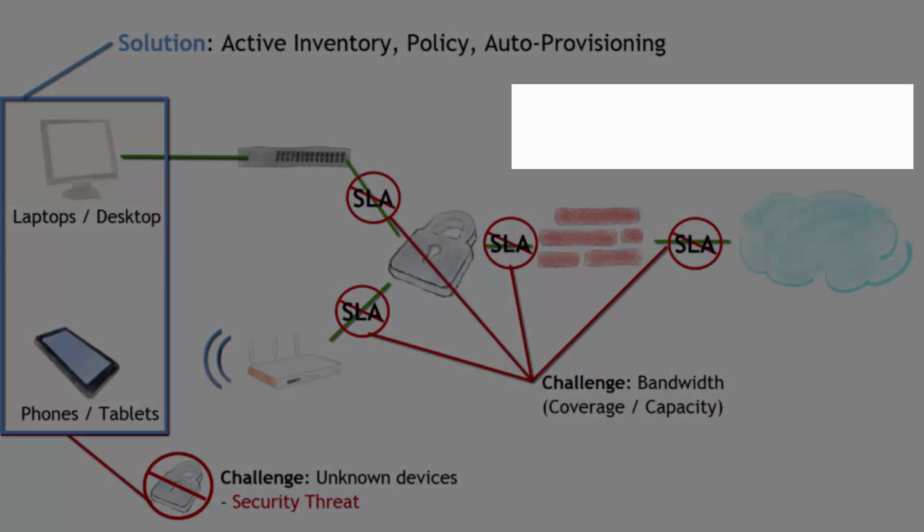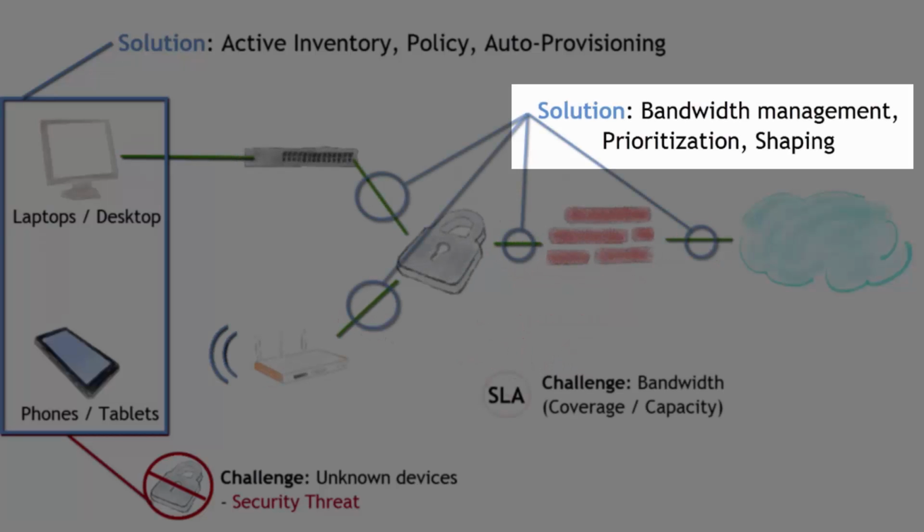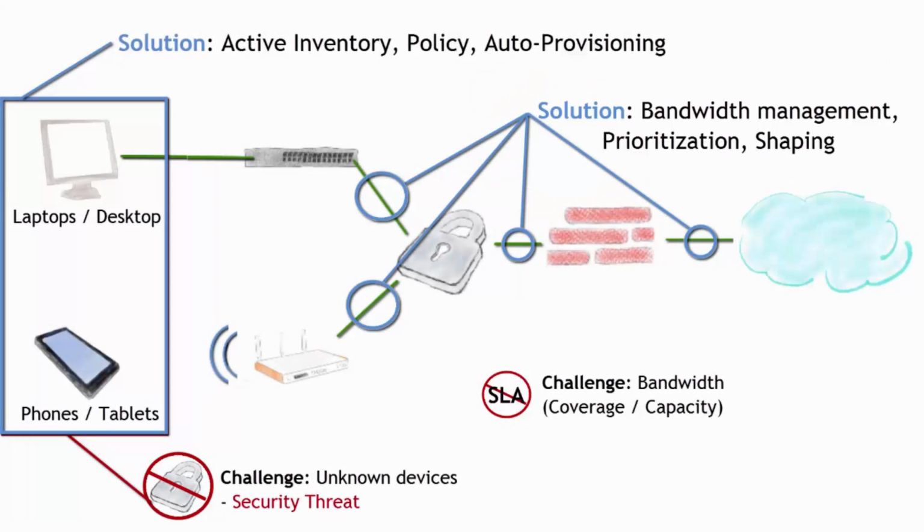And then to deal with the SLA challenge within our environment, again, you have to have a solution that's going to help us manage this bandwidth, do prioritization, shaping, things of that nature, so that we can meet those service level agreements that have been defined by our consumers of IT.